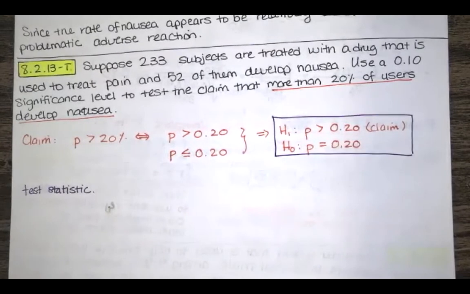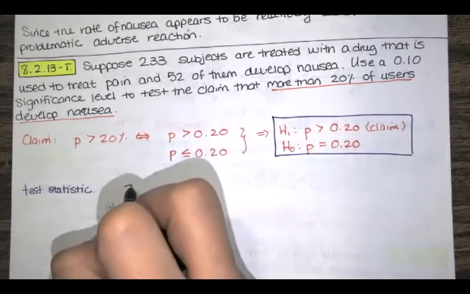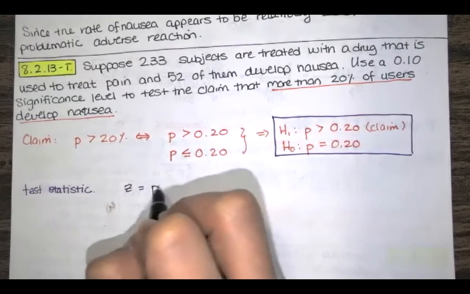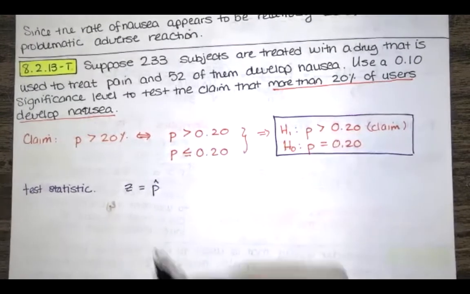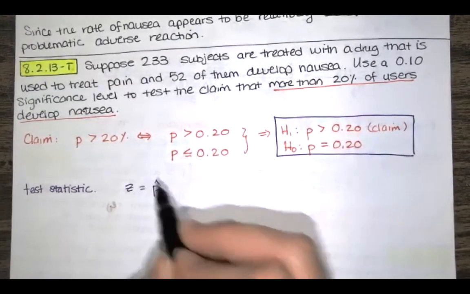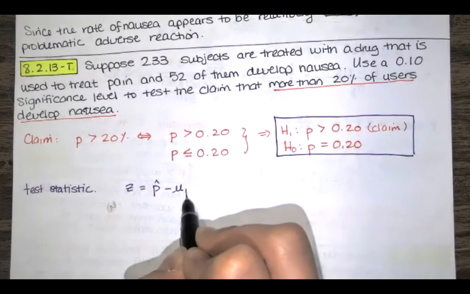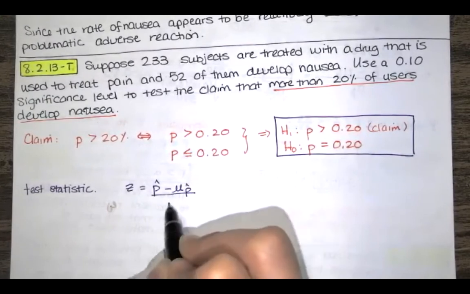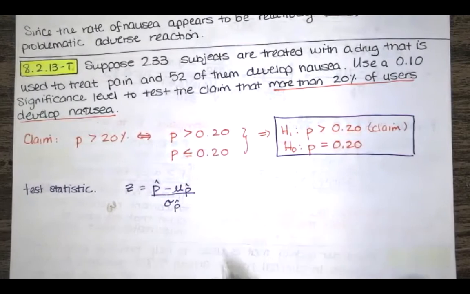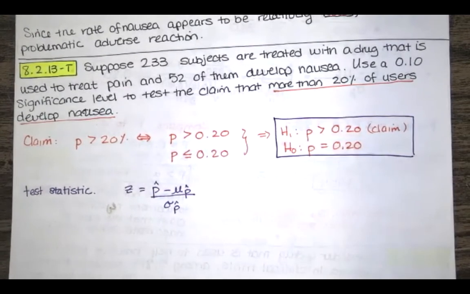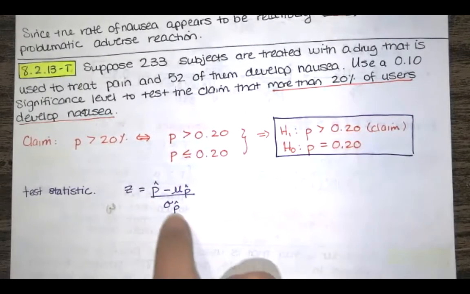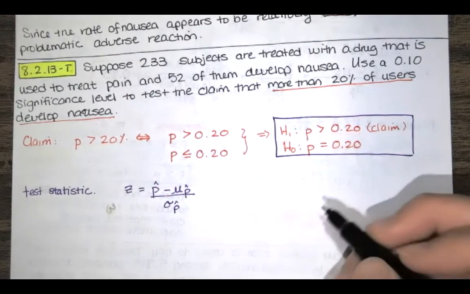So we want the value of z. Well, we know that z is equal to the z-score associated with p hat, and that's going to be p hat minus the mean of the sampling distribution of p hat divided by the standard deviation of that sampling distribution. So we want to assume the null hypothesis is true and see how many standard deviations p hat is above or below the mean, given that the null hypothesis is true.